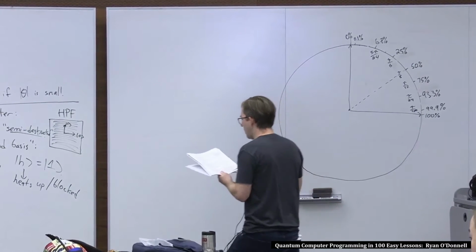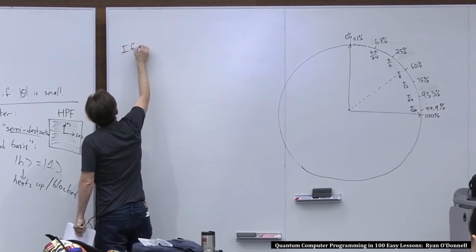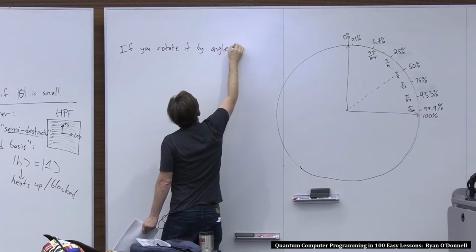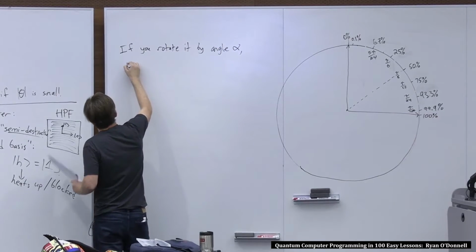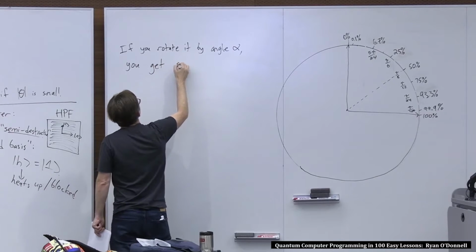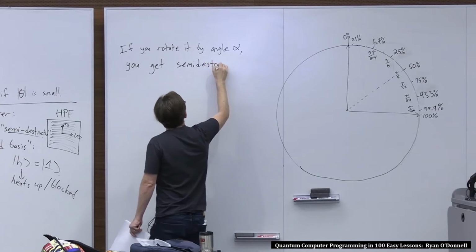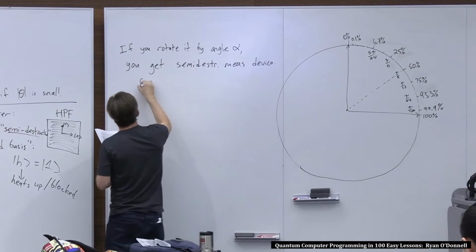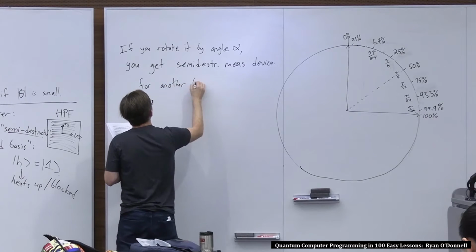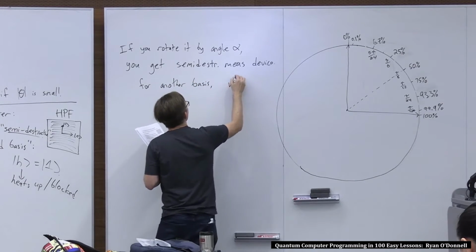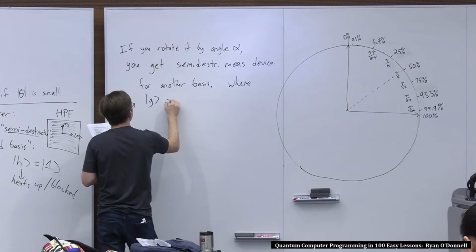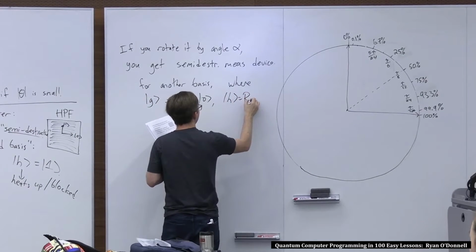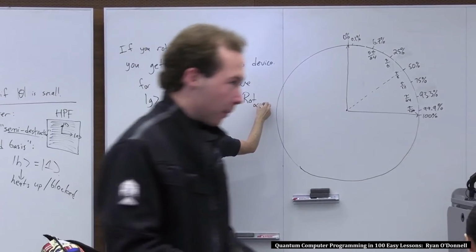To be clear, if you rotate it physically by angle alpha, you get a semi-destructive measuring device for another basis, where the G vector is the rotation by angle alpha of horizontal, and the H one is the rotation by angle alpha plus 90 degrees of 0.